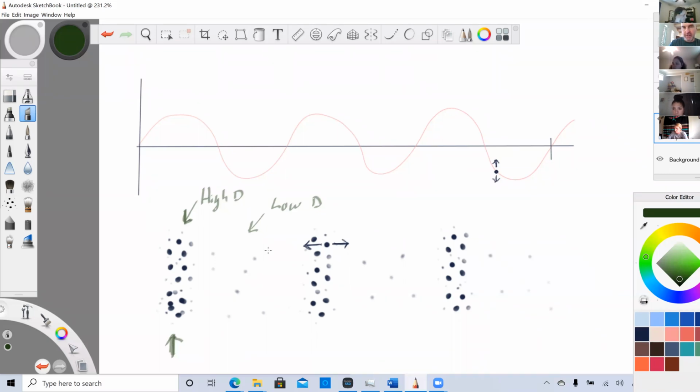And then distance. I want to make sure you guys understand what distance means. It's the same as saying particle or molecule vibration.